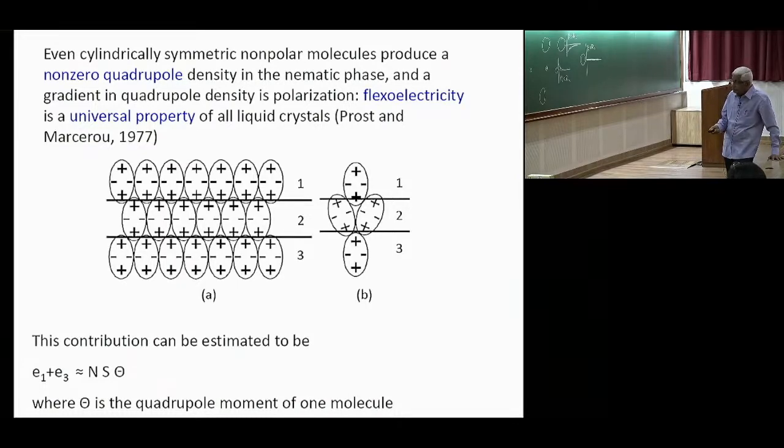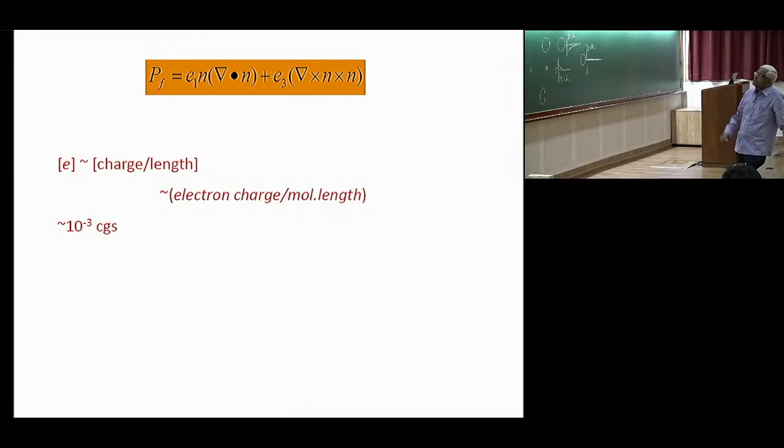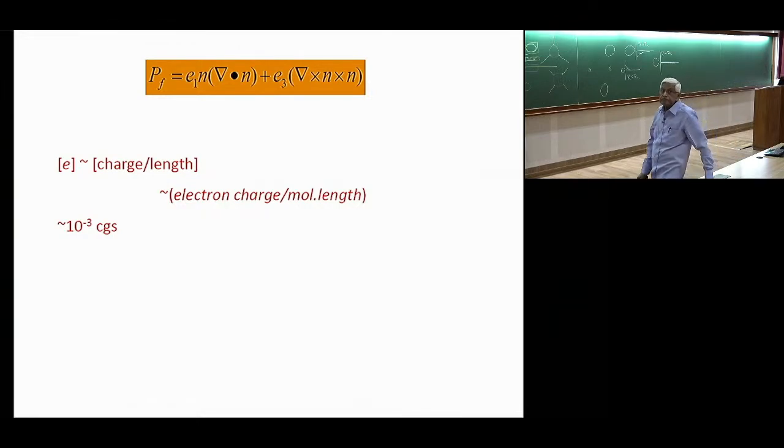In fact, in such a case, the flexoelectric coefficient that I introduced last time, but I am going to show again later, is the number density times the orientation order parameter times the quadrupole moment of one molecule. And we can even estimate it. So the flexoelectric polarization as defined by Meyer is e1 times divergence of n plus e3 times curl n cross n. Both are polar vectors.